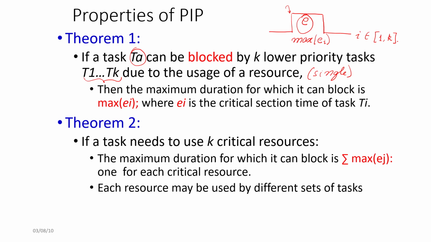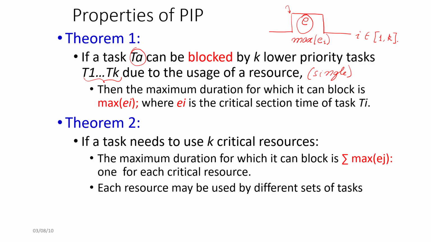Among these k values, I take the maximum, and that is essentially the largest duration for which an inversion on TA can happen.